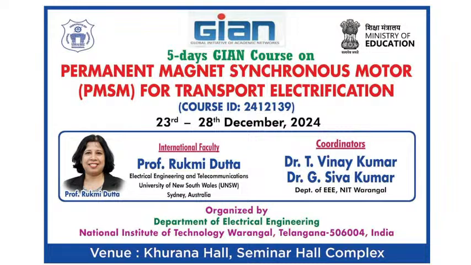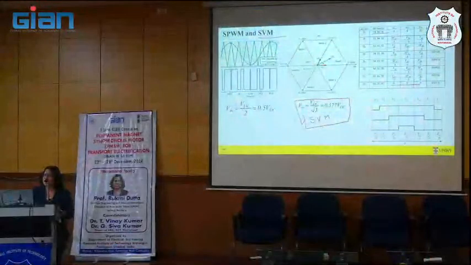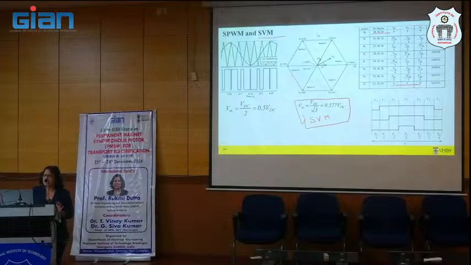Out of those, when all 3 bottom switches are off, or when all the top switches are off, you get the 2 zero vectors. And others are active vectors because they will have certain values related to VDC.